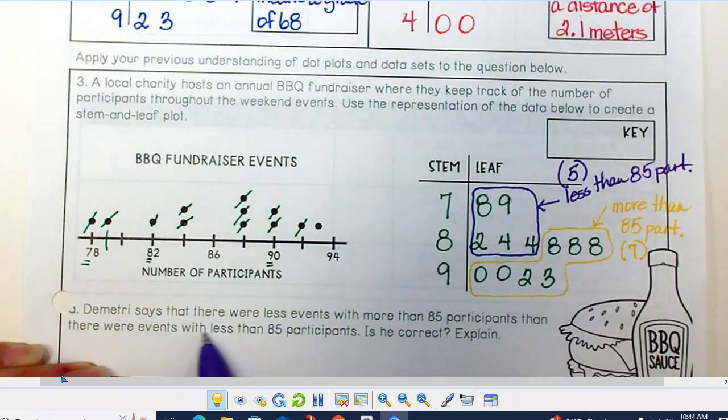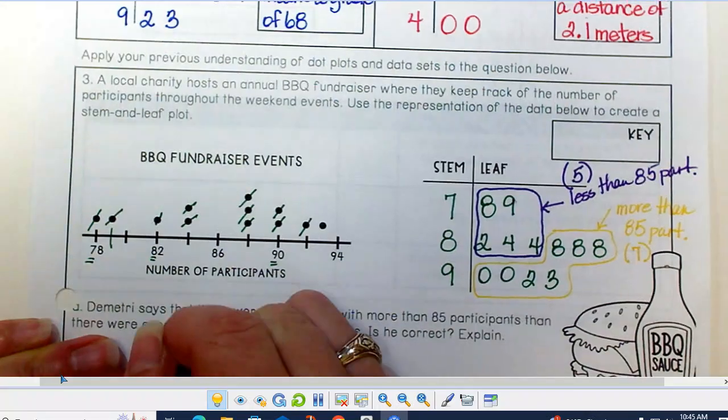5 events had less than 85 participants. All right, so Dimitri says there were fewer events, less events, with more than 85. No, the events with more than 85, there were more of those. Is he correct?